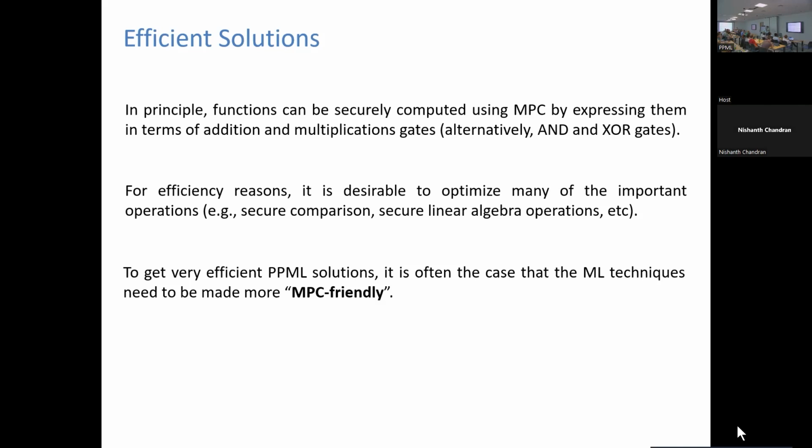But the computational and cost model in MPC or FHE is very different from the cost model for in-the-clear computation. So we have to reanalyze these trade-offs. You might make a choice that makes your solution 10 times slower and gives a very marginal gain in accuracy.